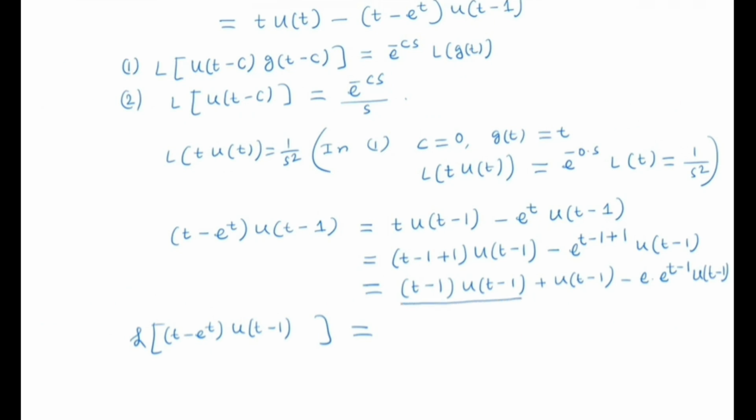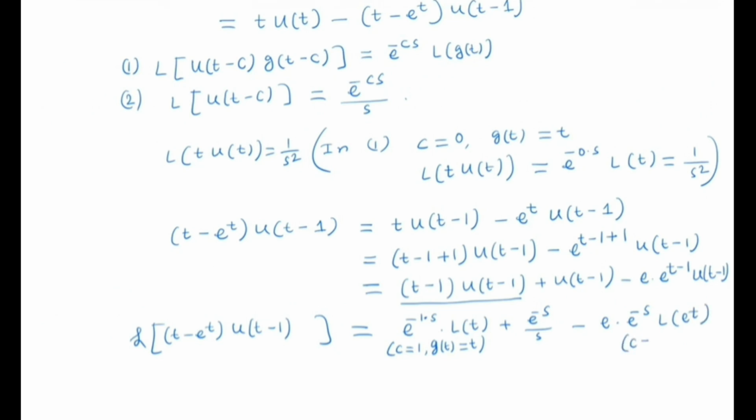It is nothing but e^(minus s) into L of t, because here we put c equal to 1 and g(t) equal to t, plus L of u(t minus 1), which is e^(minus s) by s, minus e into e^(minus s) into the Laplace transformation of e^t.